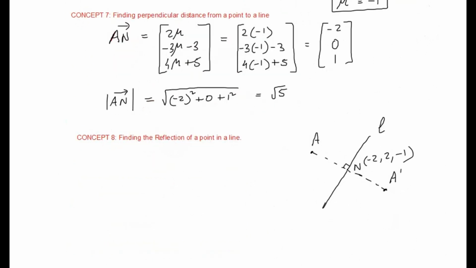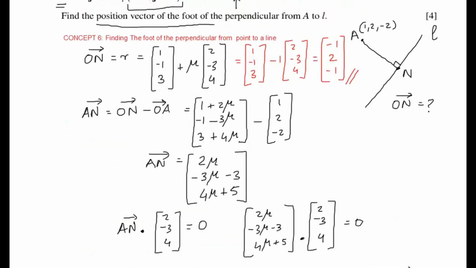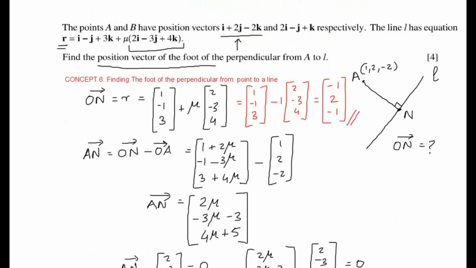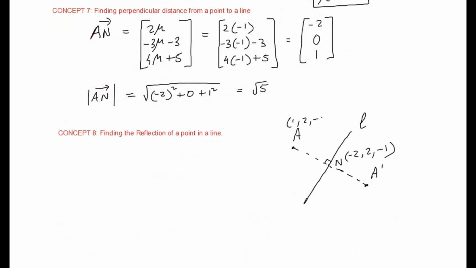We already know A because that was given to us. So the position vector was 1, 2 and negative 2. And we just have to find A dash. So let's say A dash's coordinates are x, y, and z.